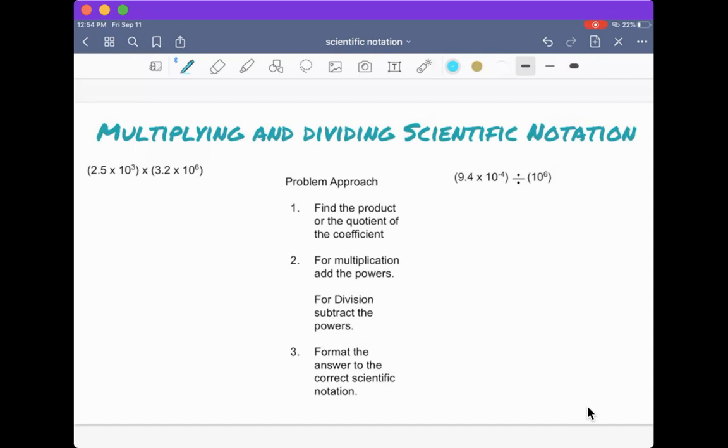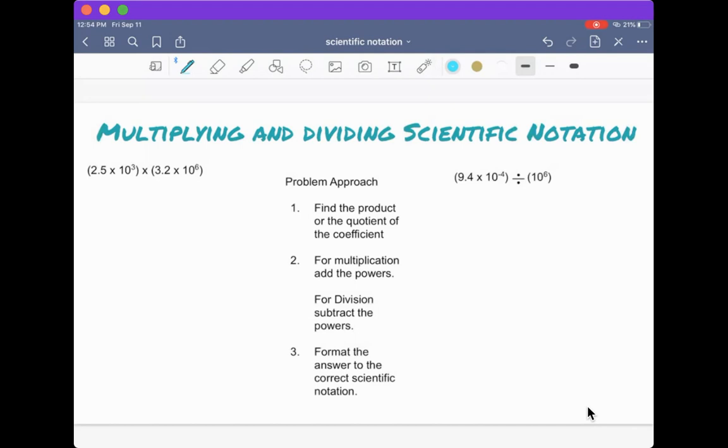All right, so this slide is dealing with multiplying and dividing scientific notation. This is a little bit easier than adding and subtracting because you're not having to go back into standard form and then back into scientific notation, because your bases no longer have to match. You just have to remember to either add or subtract based off if you're multiplying or dividing.